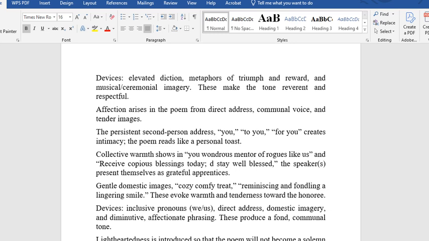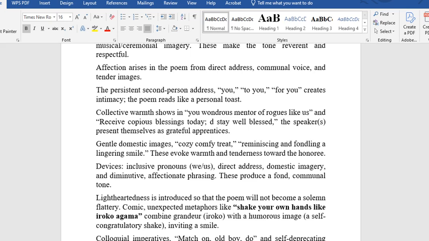Affection arises in the poem from direct address, communal voice, and tender images. The persistent second person address, that is the use of "you," "to you," "for you," creates intimacy. The poem reads like a personal toast.